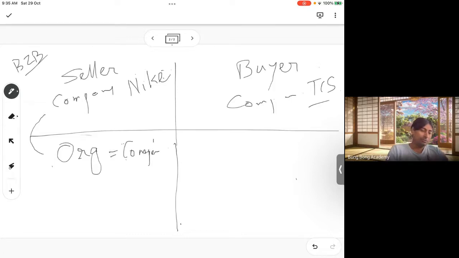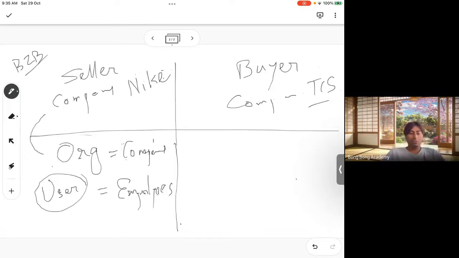So Nike will be an org, and the employees of Nike will be the users of Salesforce, sales employees usually. So employees are equal to users, and the company is equal to org. Clear? This is the seller side.